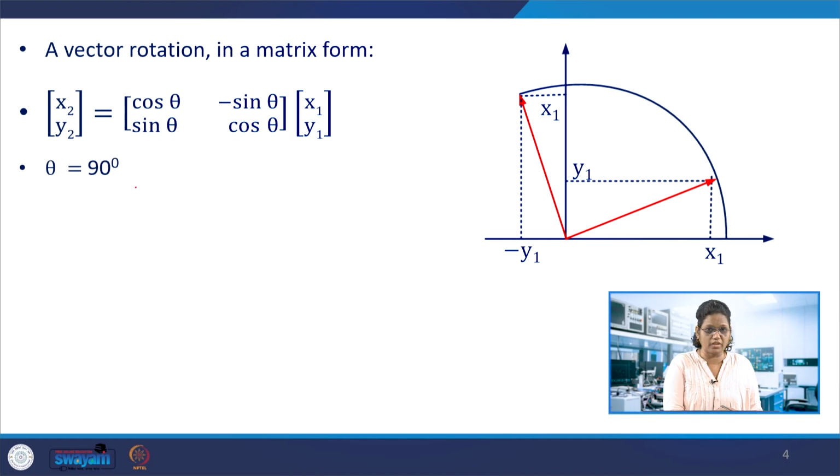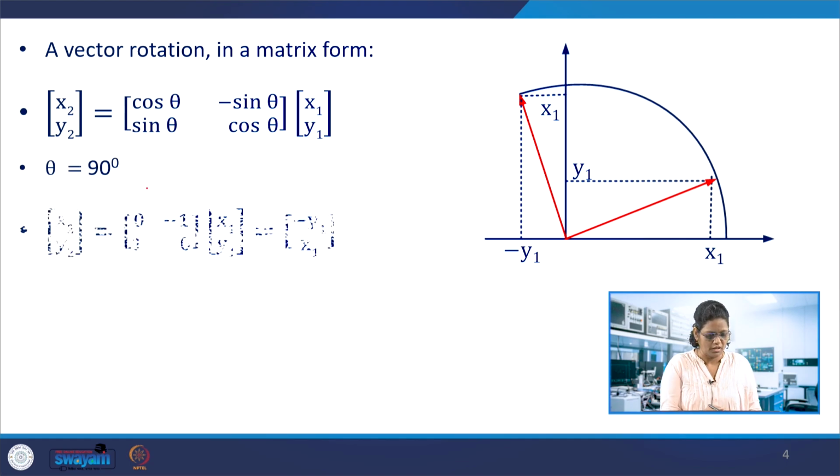For a simplified case, if theta is 90 degrees and you substitute it here, then cos theta becomes 0, minus sin theta becomes minus 1, sin theta is 1 and cos theta equals 0. So multiplying with x1 and y1, the product leads to minus y1 and x1.